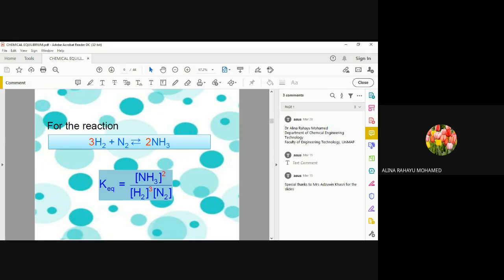Okay, so in order to get KEQ, the equilibrium constant for this reaction of nitrogen and hydrogen to form ammonia, we write the concentration of ammonia to the power of 2 because the number of moles of ammonia in this equation is 2, over the concentration of hydrogen to the power of 3 because the number of moles of hydrogen is 3, times the concentration of nitrogen to the power of 1.